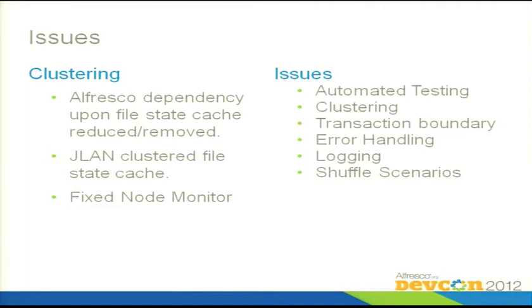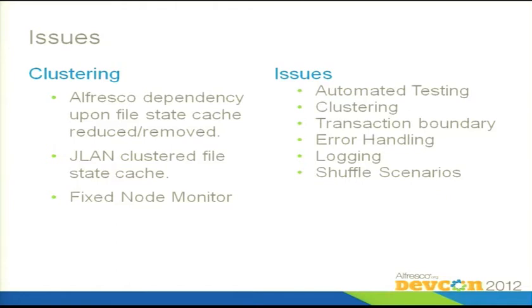Not sure it's widely known, but Alfresco itself is moving exclusively to Hazelcast for clustering in 4.2. The JLAN cluster was the first introduction of Hazelcast into Alfresco, and it worked very well. So all the JGroups and EHCache stuff is going. In fact, it's gone from 4.2, and it's all Hazelcast.